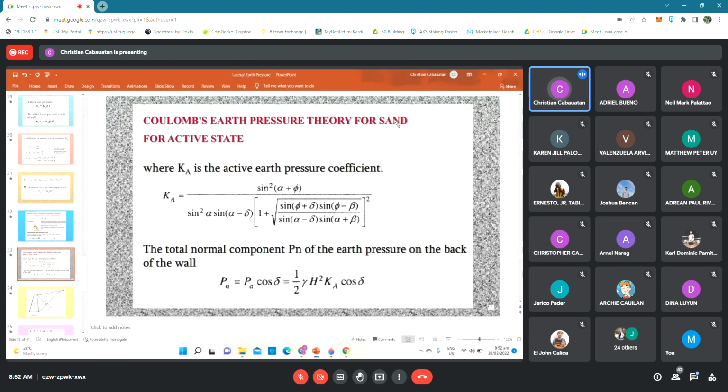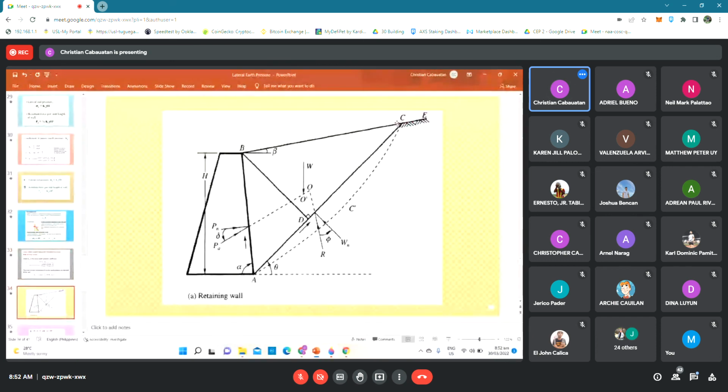And then the same goes for the force. For the normal component, you just multiply by cosine omega. So that is the example of a retaining wall in terms of the Coulomb method.